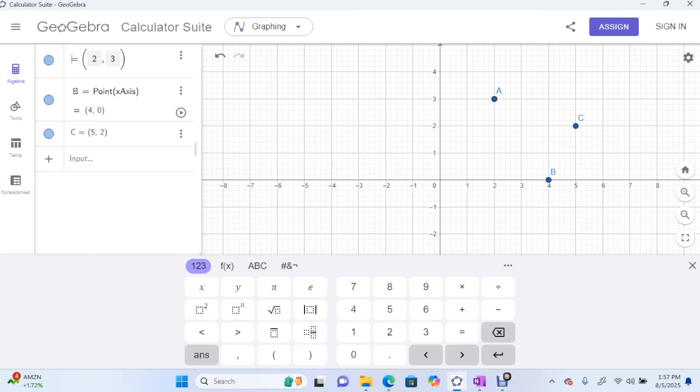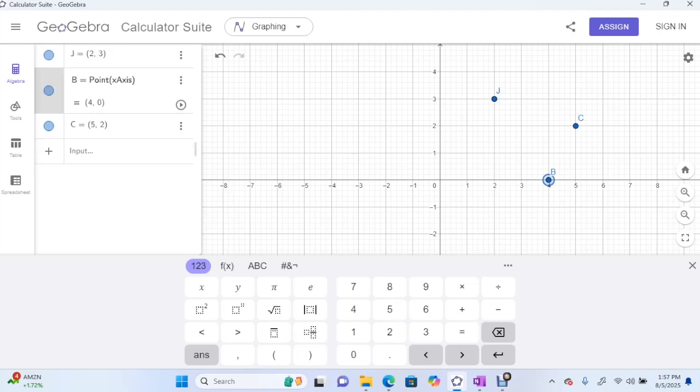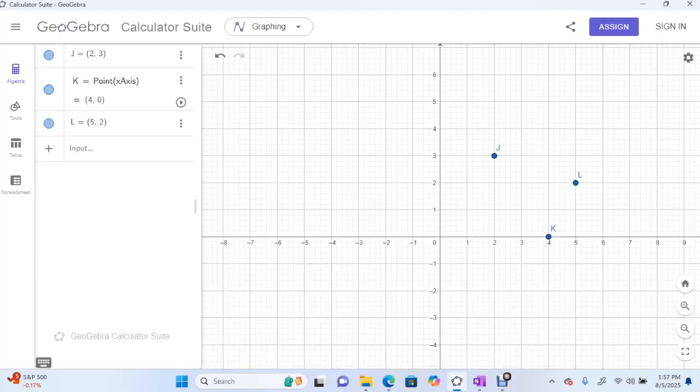So the A is J, and then B was K, and then C was L. I'm changing it so that it would look just like the question. All right, so we have the points J, K, L, which is (2, 3), (4, 0), and (5, 2).